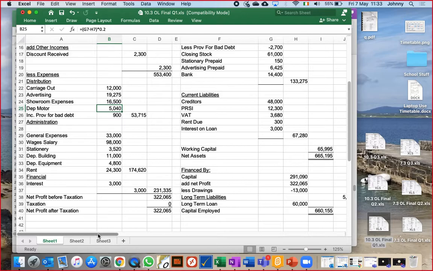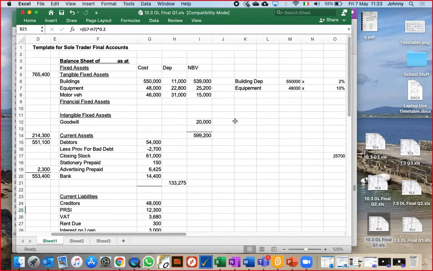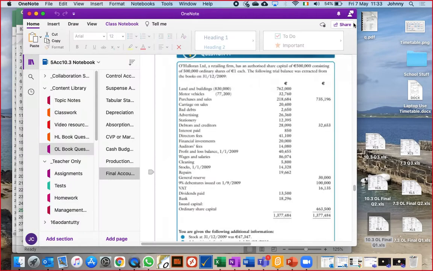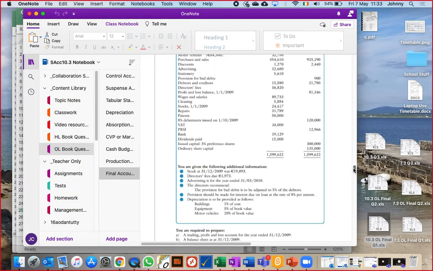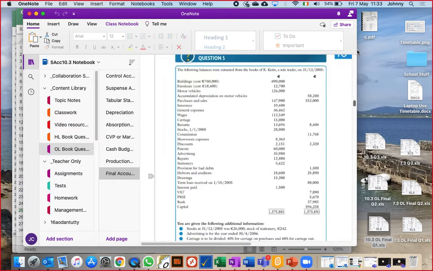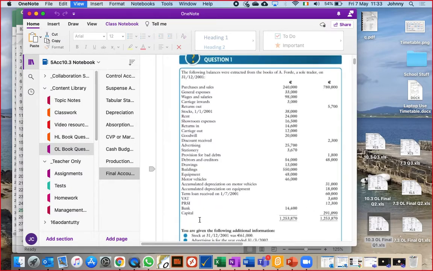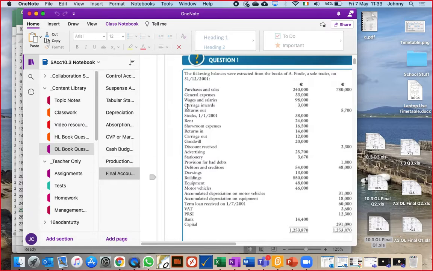Did I forget to put that into my accumulated depreciation? And I think I did. So, have a quick look at the question. Question 1. Accumulated depreciation on motor vehicles is 31 grand.